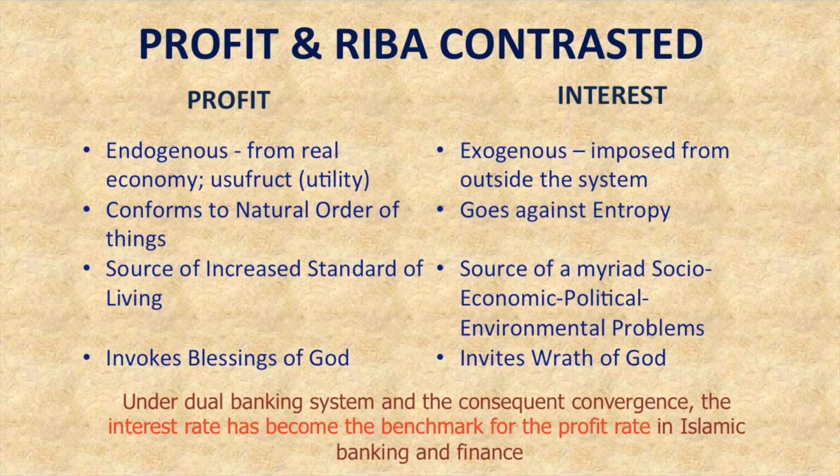In real economy, when we save, the savings are subject to entropy, that is, to decay and so forth, that can reduce the value. However, interest of today, when we save money, it increases. So therefore, it goes against the natural order of things.